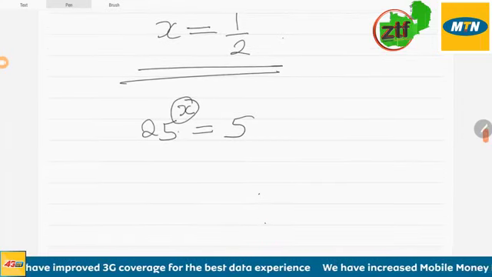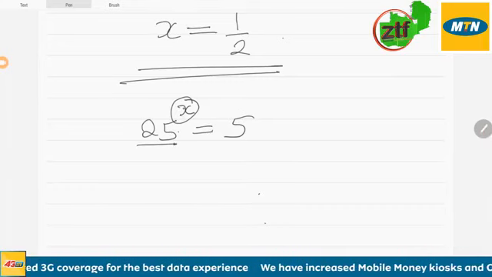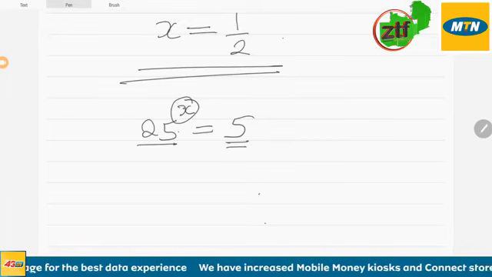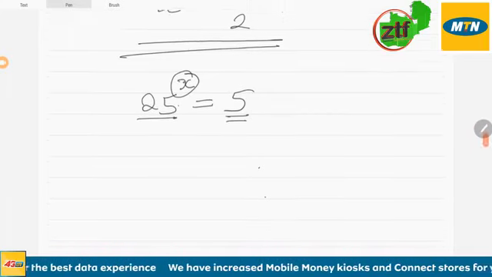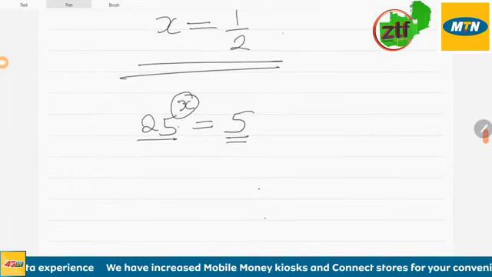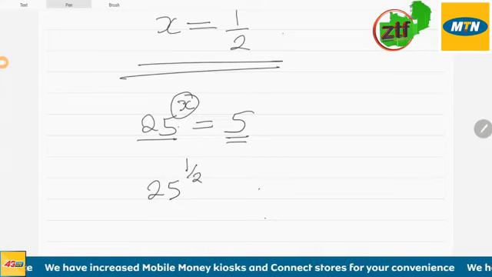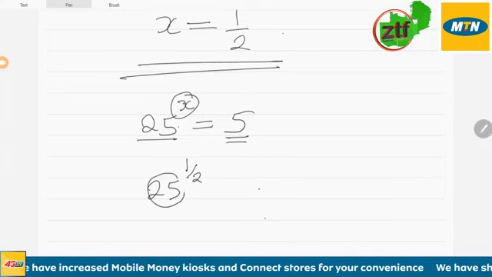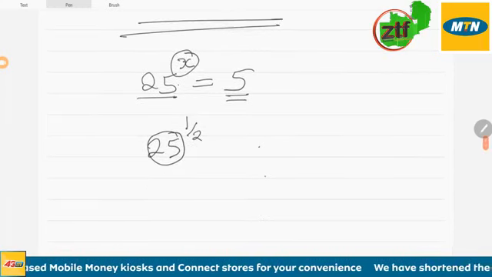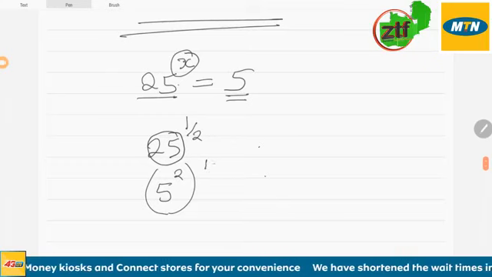So it's the same as when we raise 25 to power x, we are going to find the answer 5. We just want to verify if this value of x we have found is correct. So we are going to say 25 raised to power 1 over 2. And we can express 25 as a square. We are going to have 5 squared raised to power 1 over 2.